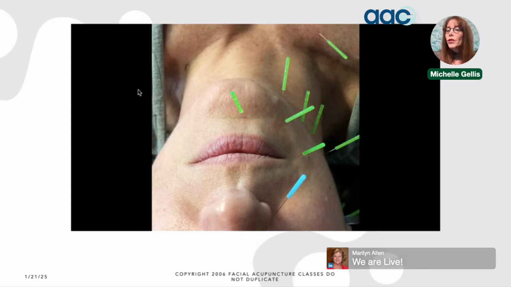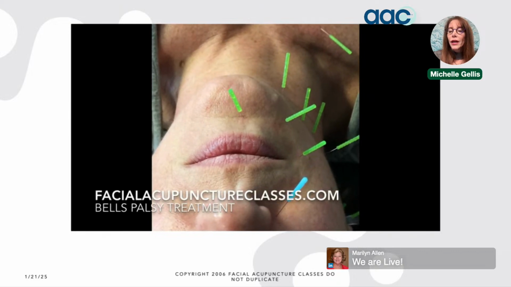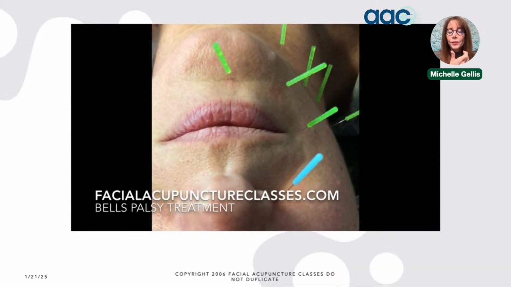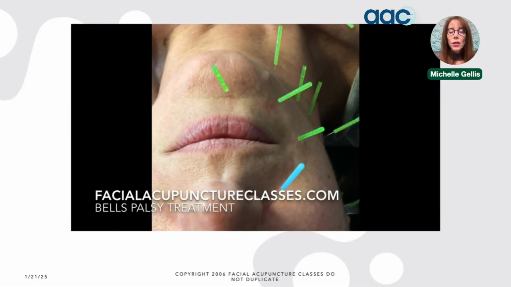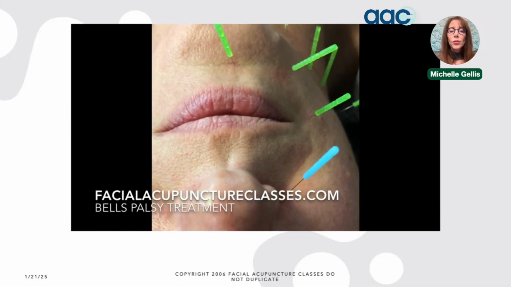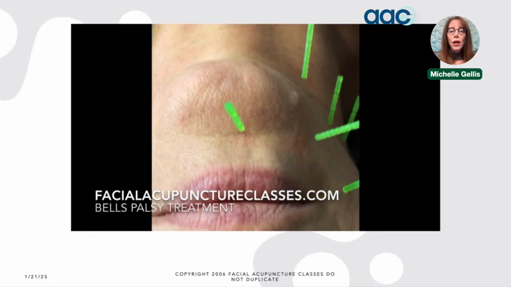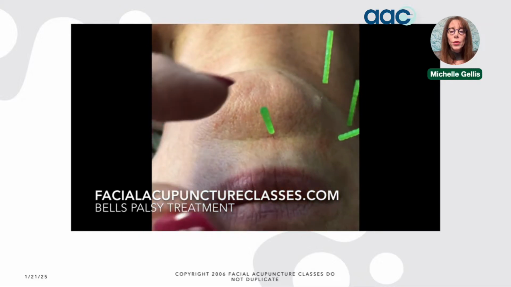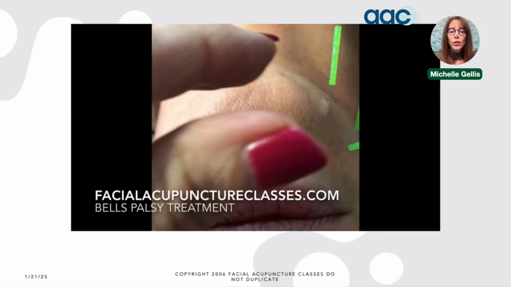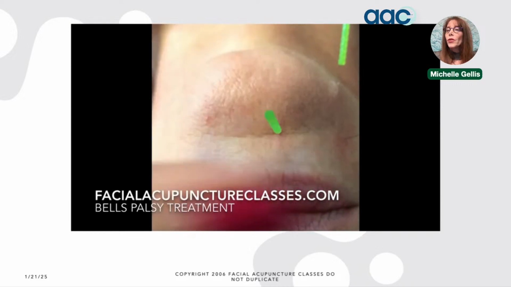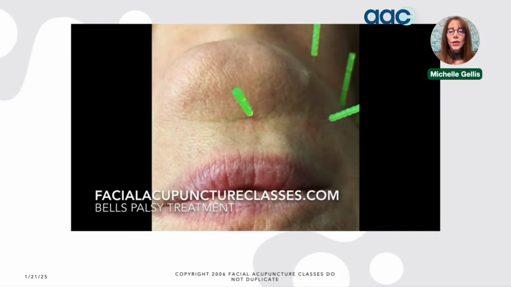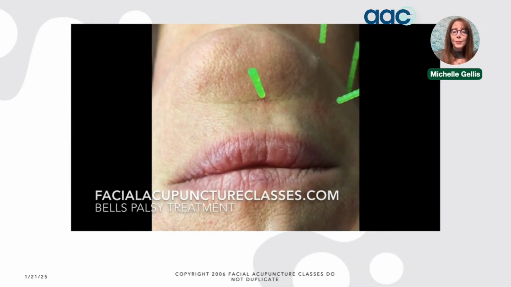So I wanted to show this. This is in the mentalis. When I stimulate the needle, see how it really jumps. It's already moving on its own, and then once I stimulate it, it really causes the muscle to jump.